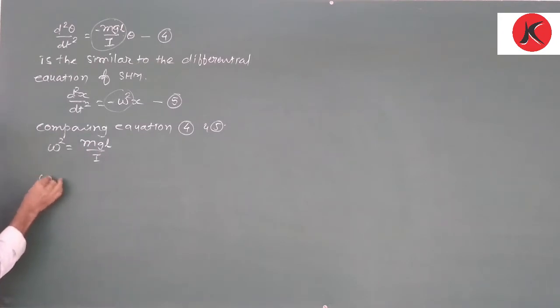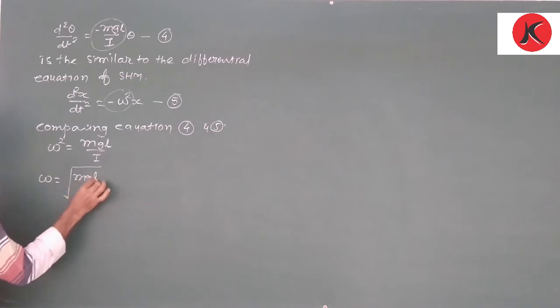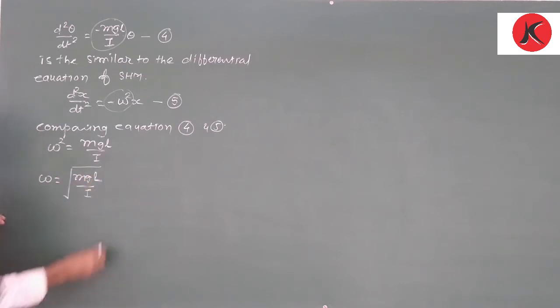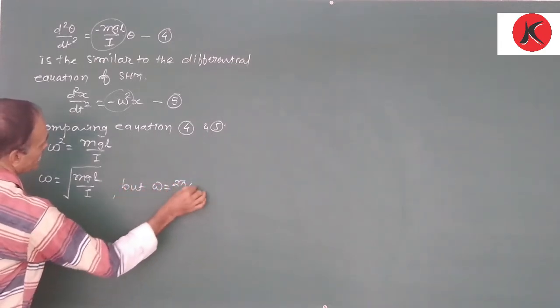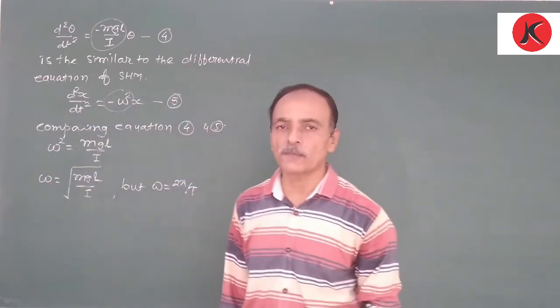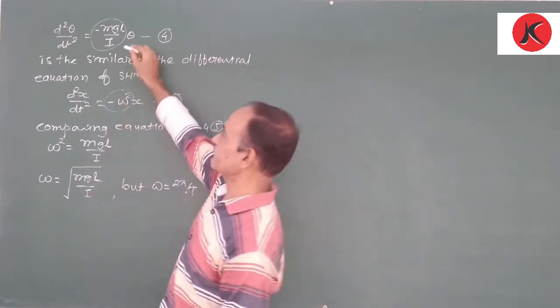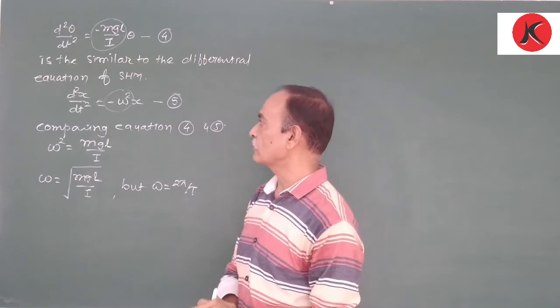Therefore ω is equal to the square root of mgl/I. But ω is equal to 2π/T. We are interested in obtaining the equation of the periodic time of a simple pendulum. Here this equation is similar to the differential equation of simple harmonic motion.